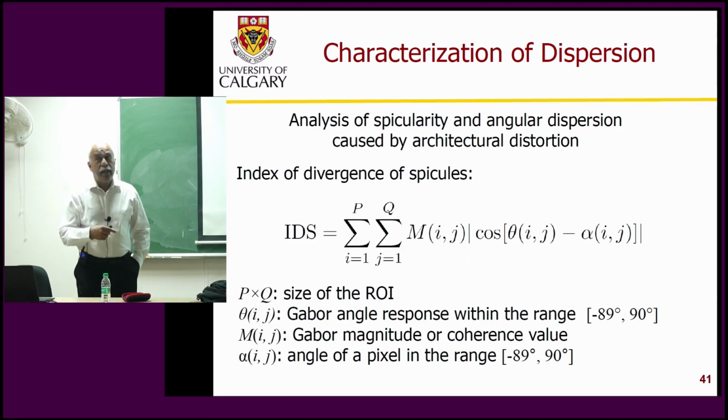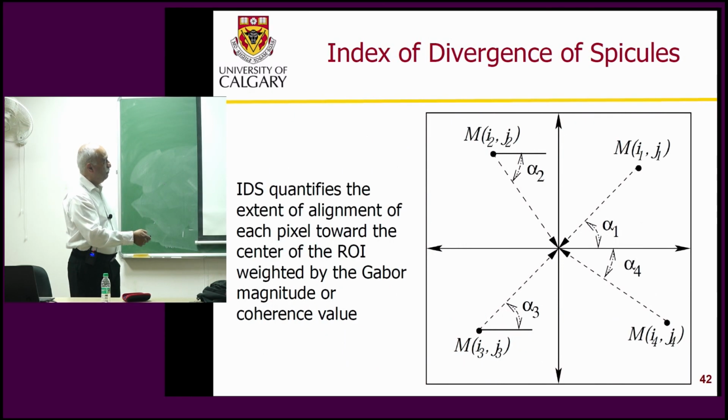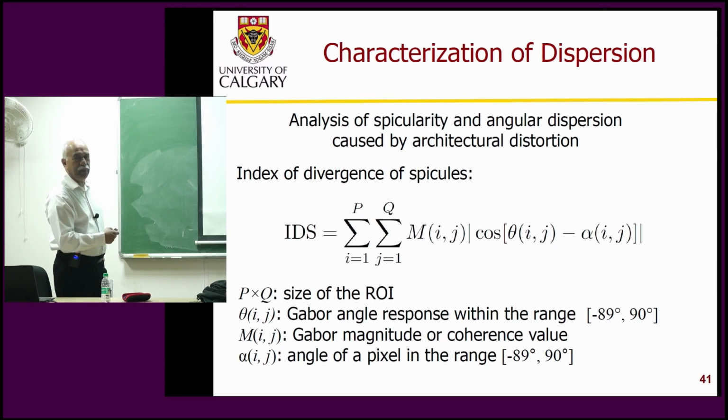So if the Gabor angle agrees with the angle according to this mapping, and if the Gabor magnitude is high, this is based on Gabor magnitude, not the expected contours, over a window, then this is an index of divergence of spicules, we called it. So there are many spicules.